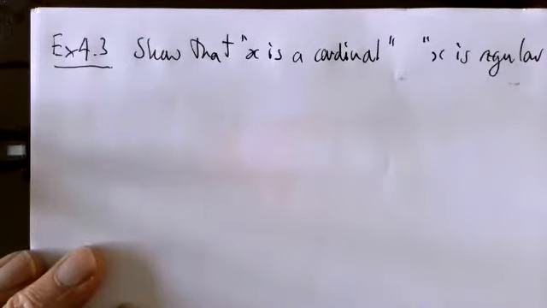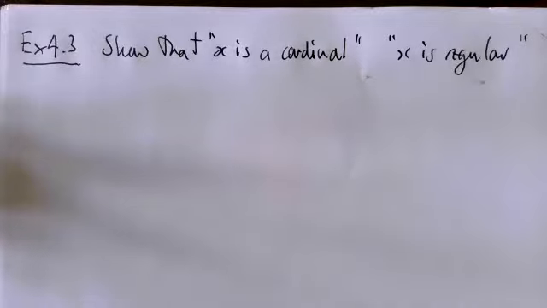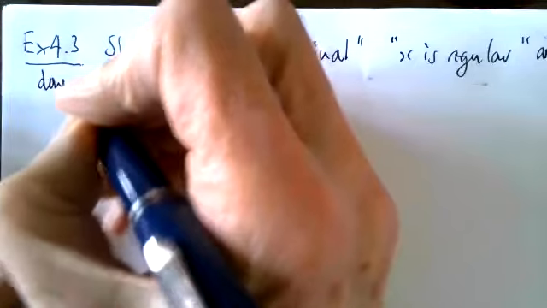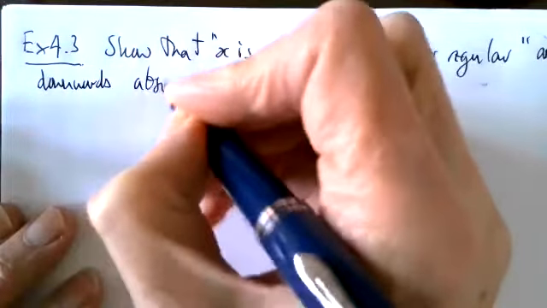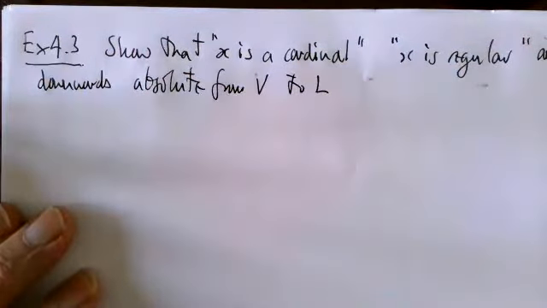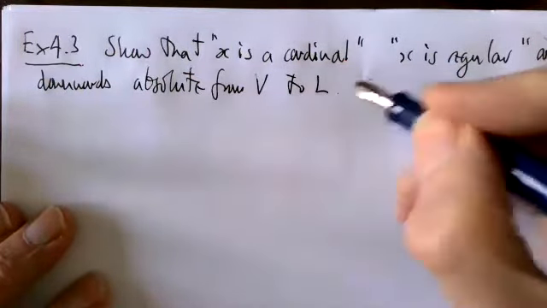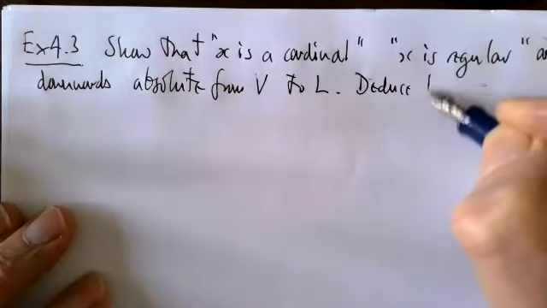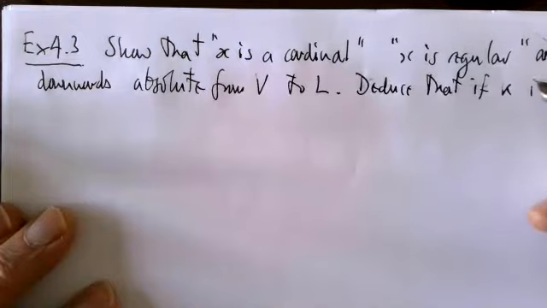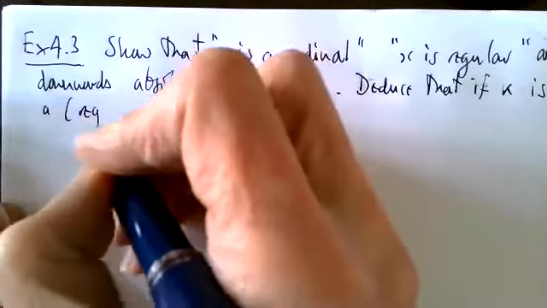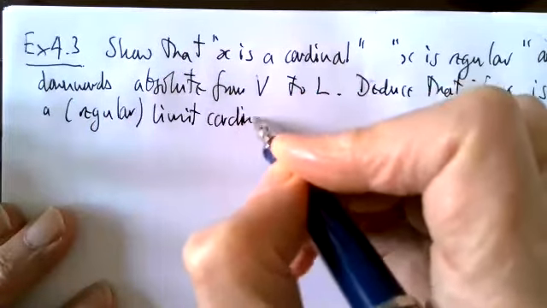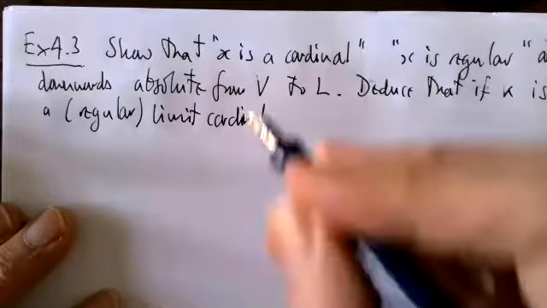X is regular are downwards absolutes from V to L. So deduce that if kappa is a regular limit cardinal, or just a limit cardinal, then it's a regular limit cardinal in L.